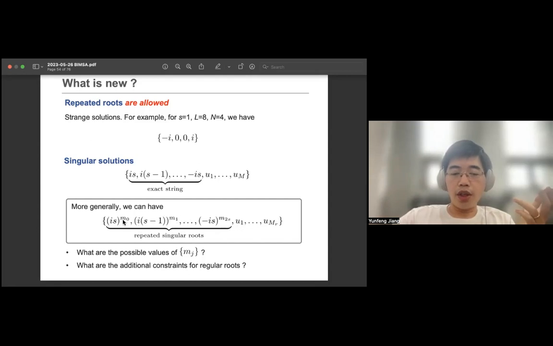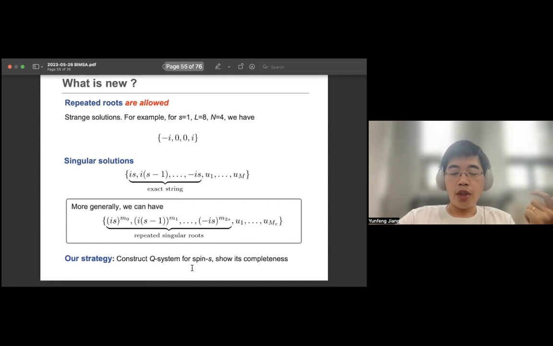For each choice of m_0 to m_2S, I will have to impose some conditions. So what are these additional constraints for the regular roots? This is also unclear. So this simple fact makes the analysis of the completeness problem, if we want to make an analogy with the spin 1/2 case, much more difficult. So our strategy is that we want to first construct a Q system for the spin S case, and then we can show that it's complete both numerically and analytically.